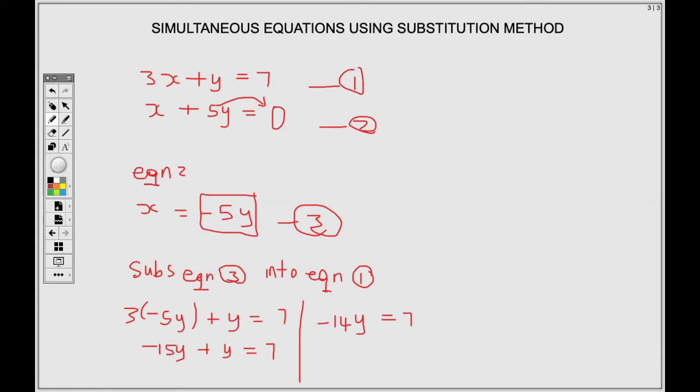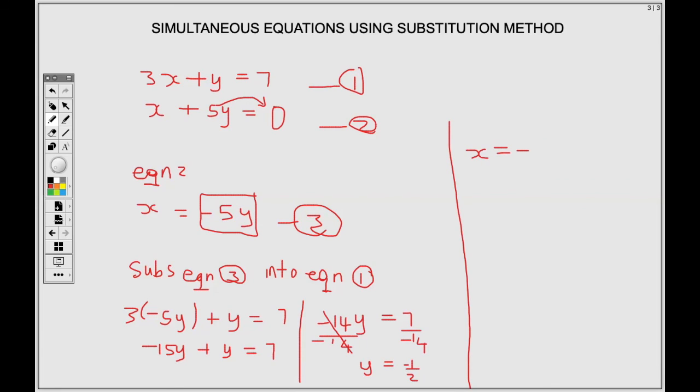Now I'm solving for an unknown, so to get rid of the coefficient, I need to divide both sides by negative 14, and the negative 14 on the left hand side cancel. So what we have is y is equal to, now this is negative a half, but some persons like to write the decimal, so they'll have negative 0.5.